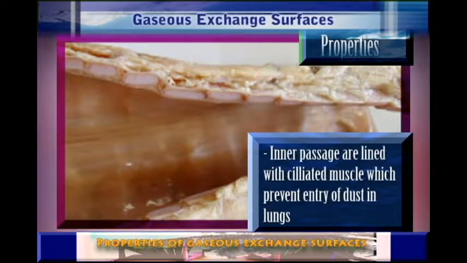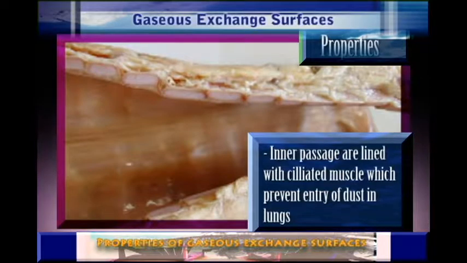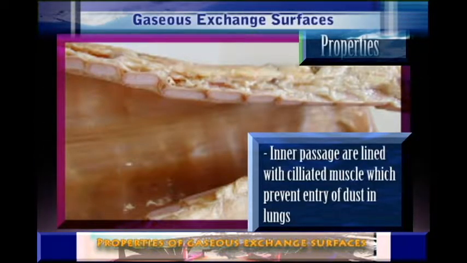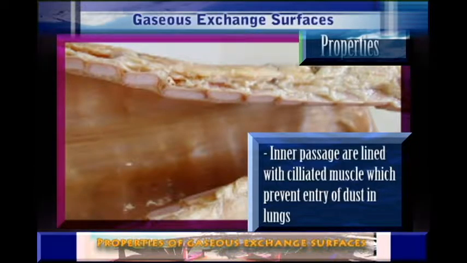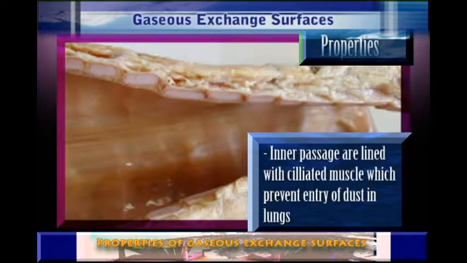The mucus will trap the dust, and the cilia will force the dust out of the trachea so that it can be coughed out of the system.